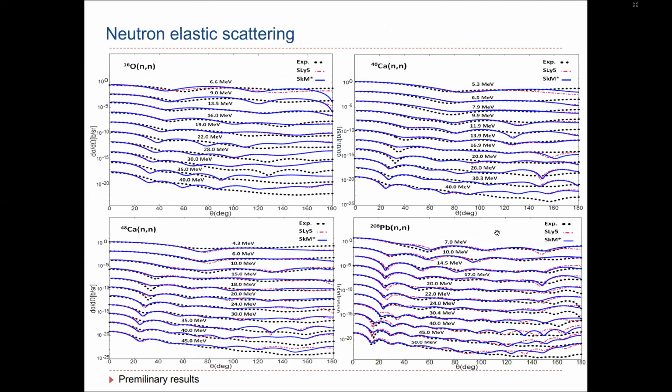Then I try to learn some lessons from the result. For example, I try to think about the sensitivity of the neutron elastic scattering observables to changes of the interaction. So I change between SLy5 and SkM* to see if they are different. My conclusion is that for the two interactions, the result is not so different.